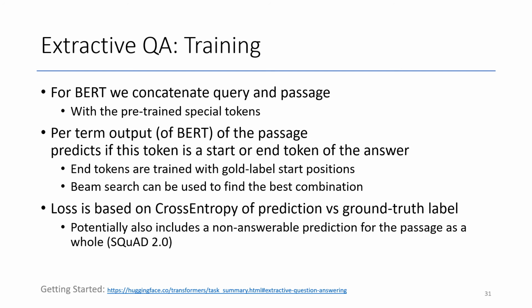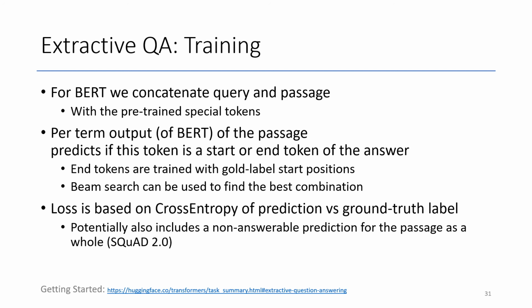End tokens are usually trained with gold label start positions, and then we can use beam search to find the best combination of a start and end token during inference, because if we create a dependence from the end tokens to the already predicted start tokens, we again have multiple paths we can take.